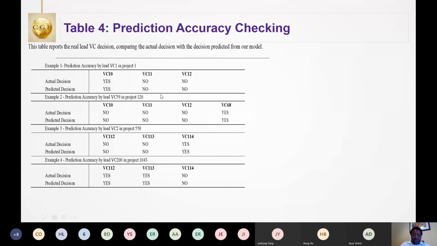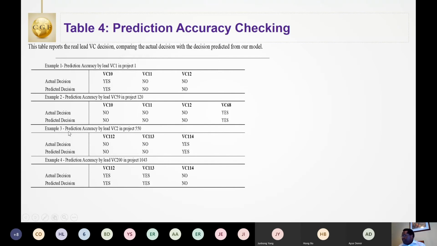In example number 2, we have the lead VC59 in project 120. And we note that even the actual decisions for VC10, 11, 12, 68 are consistent with the decisions predicted by the model. Completely consistent.